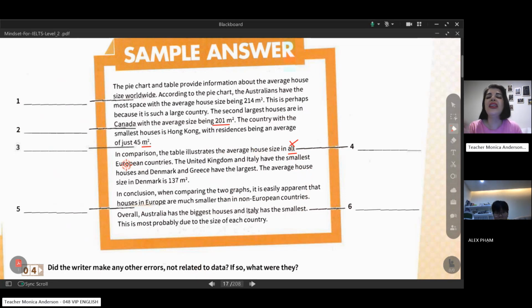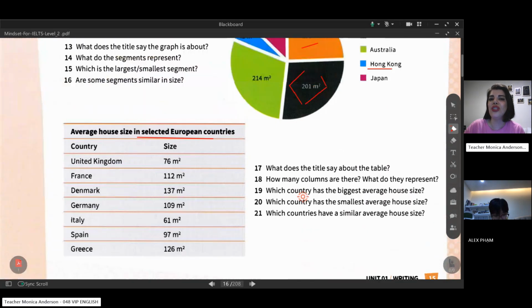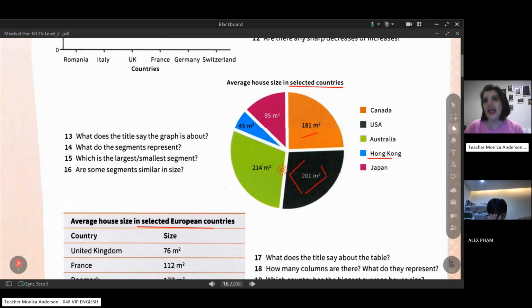Let me say something here. As I told you, we need to pay attention to the words that we use. For example, here, 45 and of just 45. Why just? We are talking about the average. We don't say average of just. Just is an accurate exact number, so we don't use it.